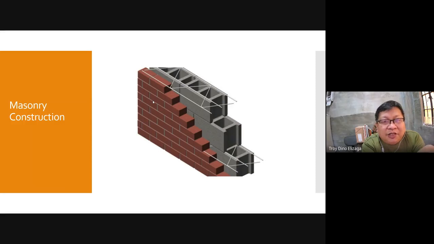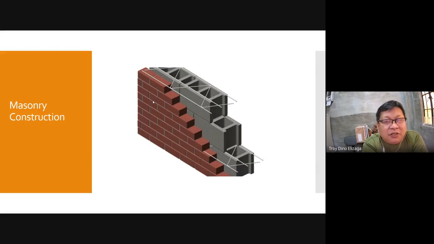So therefore, you can only have maybe a thin veneer or sheet of that, against a more commercialized brick or masonry units like our hollow blocks here in the Philippines.